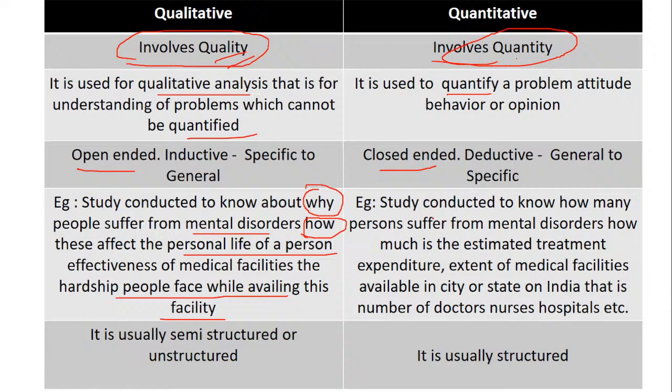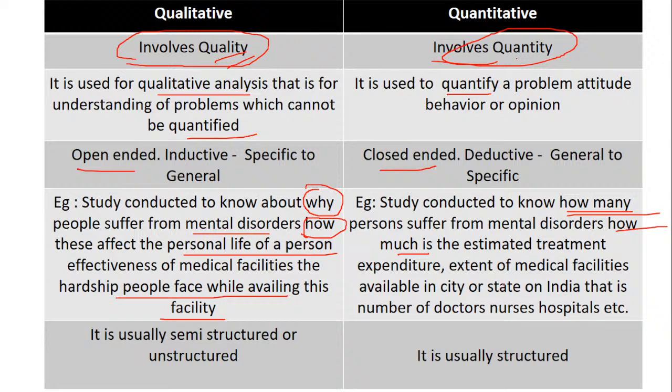If you see the quantitative example, it is a study conducted to know how many. Here it was why, the reason, the characteristics. But here it is how many, a term we have studied in maths. How many talks about numbers. How many people are suffering from mental disorder? How much? It means they are interested to know the cost, the expenses for the treatment.